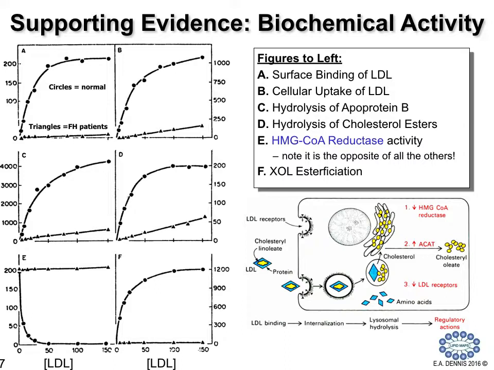In this panel, normals in circles decreased dramatically their HMG-CoA reductase activity as the LDL was increased, whereas FH patients showed a high level of HMG-CoA reductase activity, and it did not decrease with increased LDL. Again, consistent with the hypothesis that the LDL particles were not getting to the reductase.